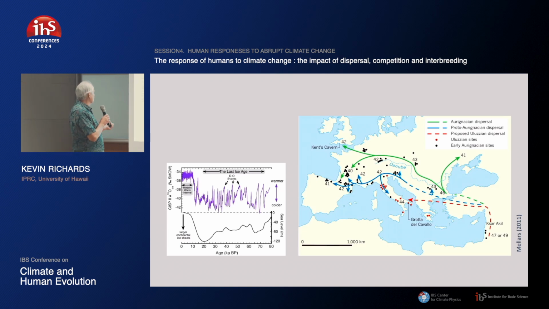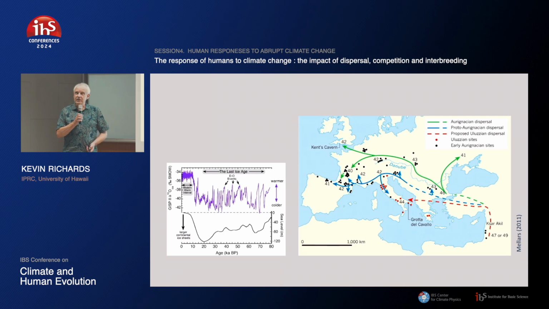According to this figure, which was produced by Paul Mellars, there are two principal routes. The blue route, which takes us along the Mediterranean coast, and the green route that makes use of the river Danube, taking individuals to northwest Europe.